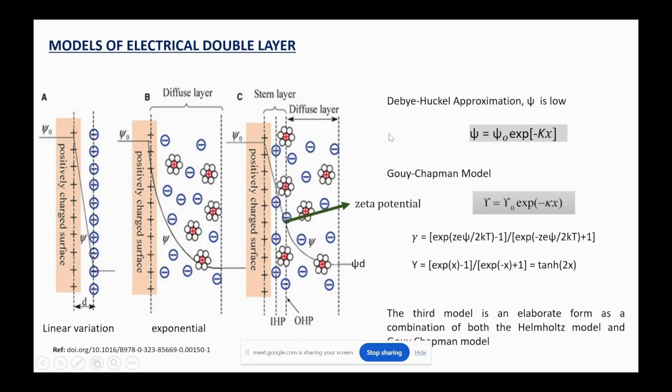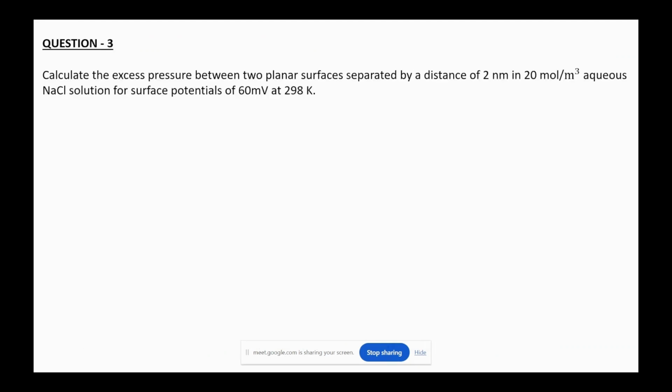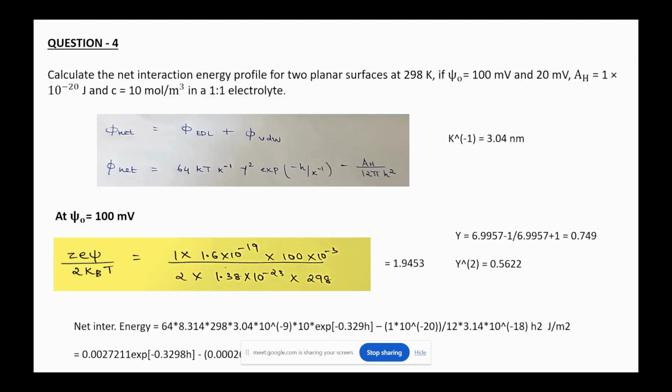Towards the end of our lecture, we discussed the net interaction. When you keep two planar surfaces or two bodies interacting with each other, there are usually two types of interaction. One is the electrical double layer interaction, where the double layers of the two planar surfaces interact and there is a repulsion.